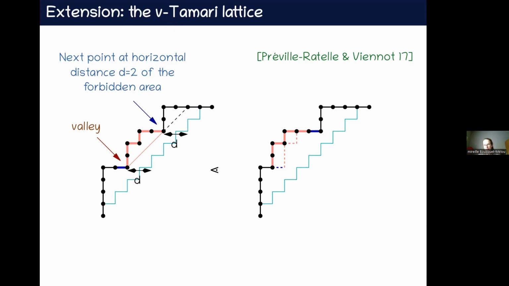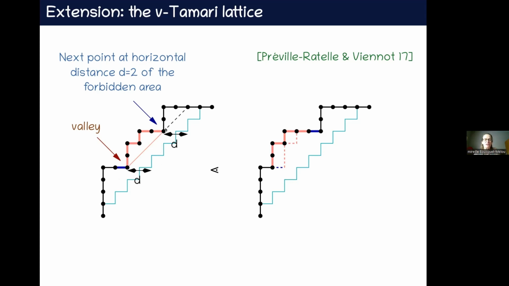So I want to tell you what the covering relations will be for a general base path v. But first, in order to tell you, I have to reformulate a bit what happens in the original Dyck case. So I told you that to construct a cover corresponding to this valley, you swap this path and the shortest Dyck path that follows.